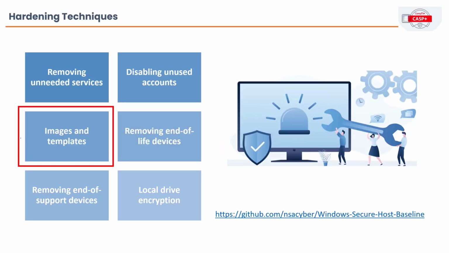Next is images and templates. A customized, hardened operating system image is a good security building block that can help with the objective of putting in place a strong security posture for end devices. The Windows Secure Host Baseline build image of the Windows operating system is present on networks used by the U.S. Department of Defense.